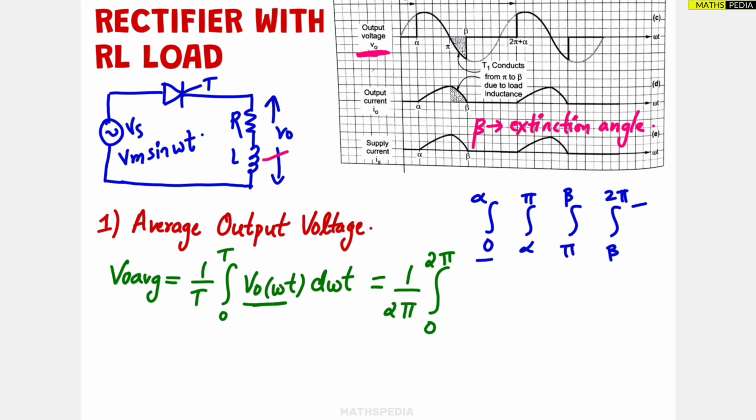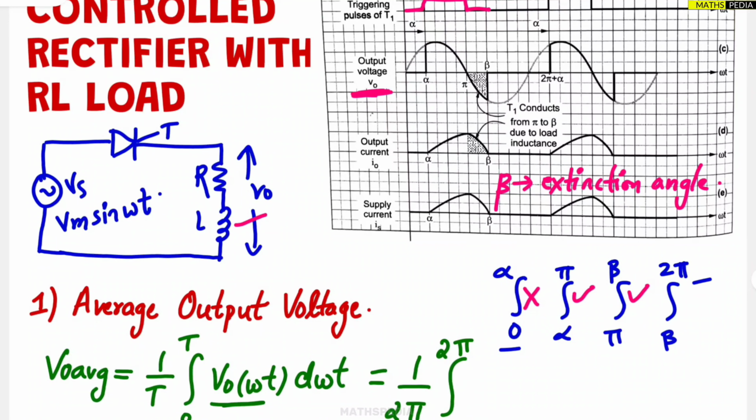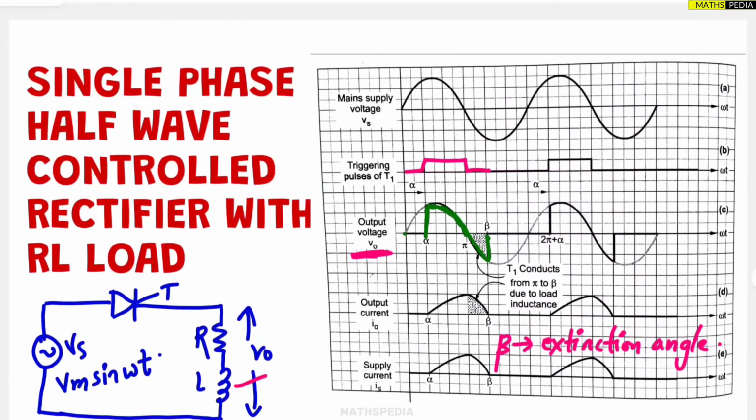Okay, now here 0 to alpha not conducting, output voltage will be 0. Alpha to pi it is conducting, it is same as Vs, and pi to beta also it is conducting, it is same as Vs. Beta to 2 pi it is not conducting. So only part you can see is alpha to beta, this particular part, it is same as the input waveform, correct?